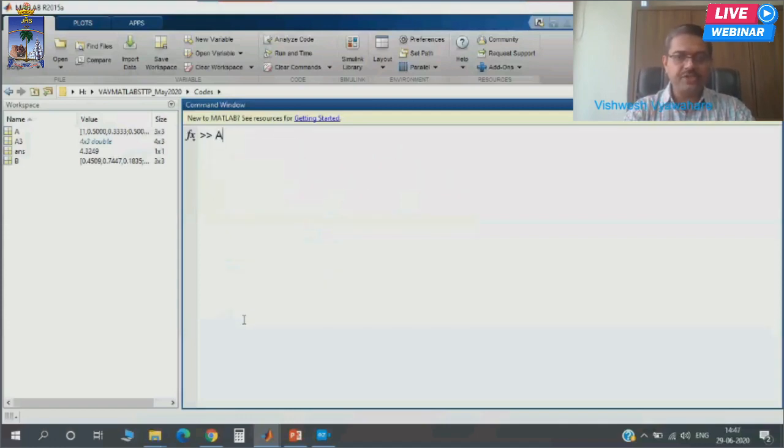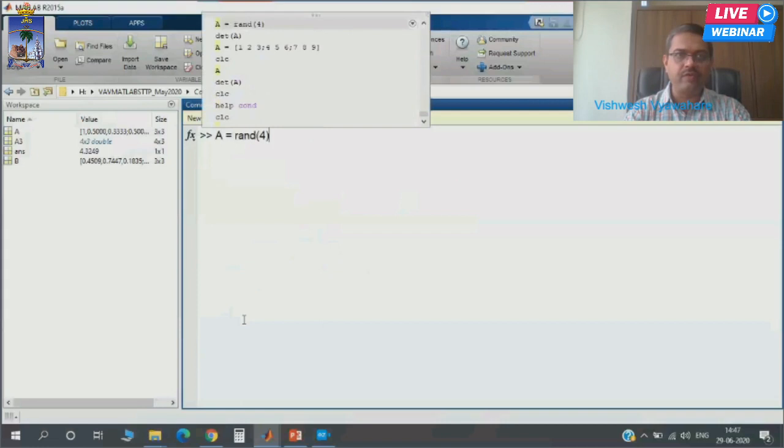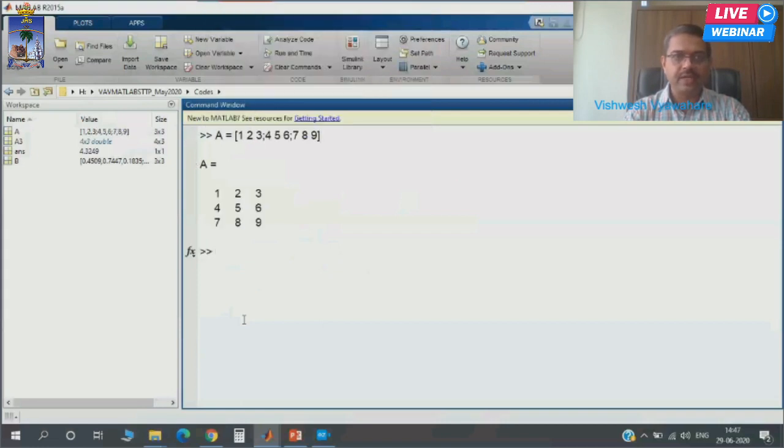So let's check our A. A is equal to 1, 2, 3, 4, 5, 6, 7, 8, 9. Yes, this is A. And we know that it is not a full rank matrix. At the same time, its condition number is very large. Its determinant is almost equal to 0.